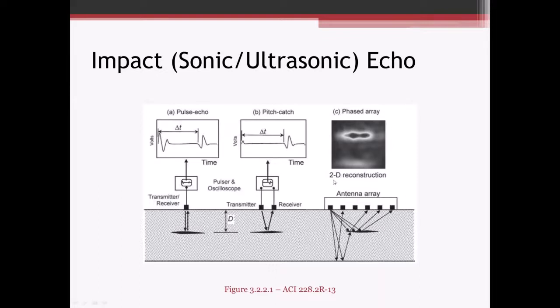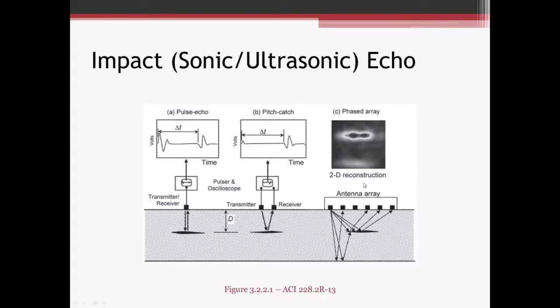And then in this image, this phased array system is where you have a single transmitter and multiple receivers, and you can get this two-dimensional image, like what you see here. This equipment is extremely expensive.